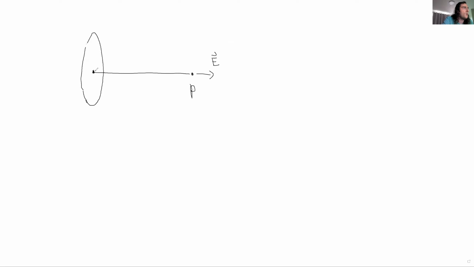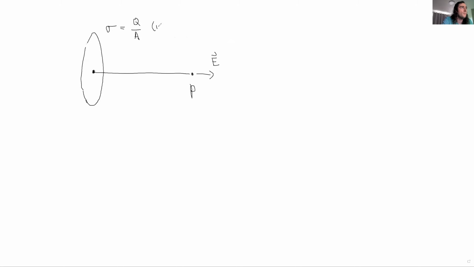Okay. Now this disk will say has a charge density sigma. Sigma because it's a surface. It's not really a volume because it's a disk. So sigma, which is defined as the amount of charge divided by the area of the disk in the simple case where sigma is constant and uniform.